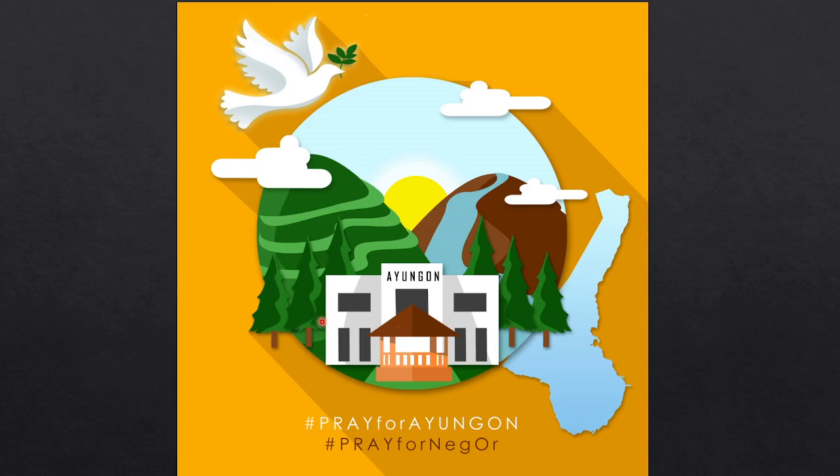We have rice terraces, we also have falls, and we have plenty of trees because we have the remaining virgin forest in Negros Oriental. And actually this is not just for Ayungon, this is for the entire Negros.